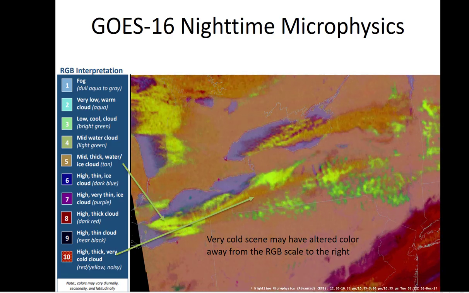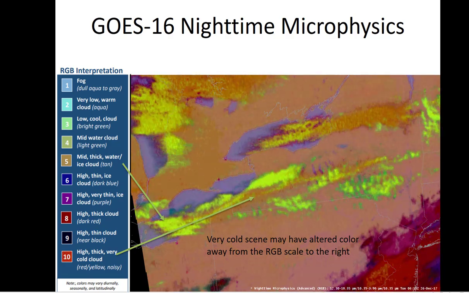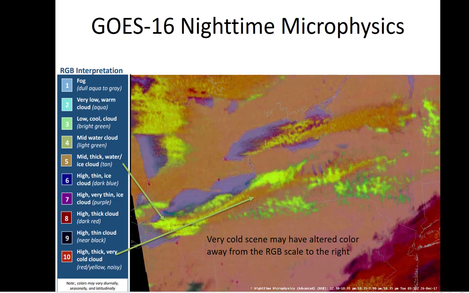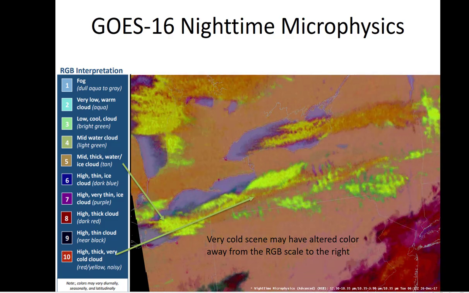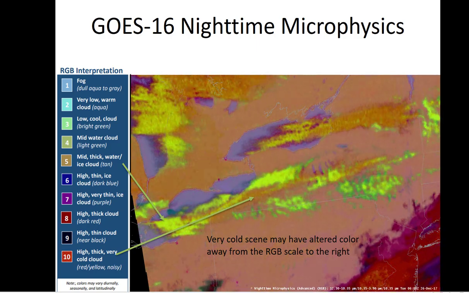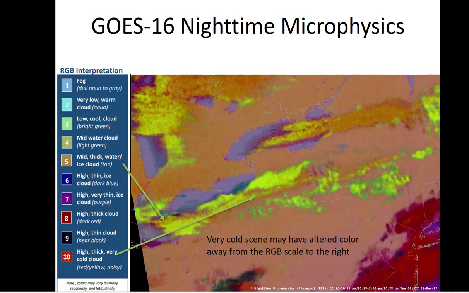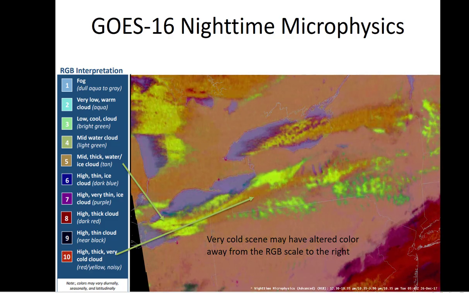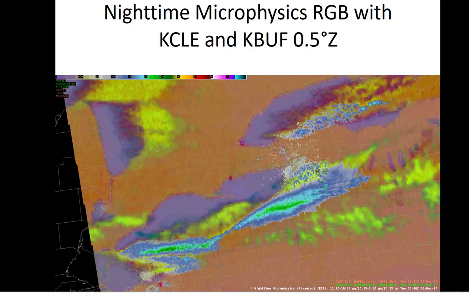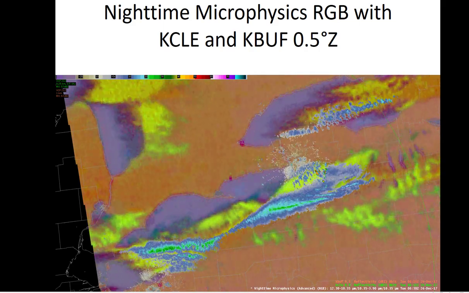You can see that especially maybe up in upstate New York. There is some of that in southwest New York off of Lake Erie. And then in the initial part of the bands, it's more of this brownish, yellowish color with thick high water and/or ice clouds. If we go to the next slide, we'll start adding in the radar data.